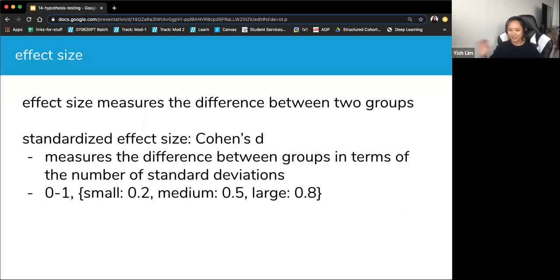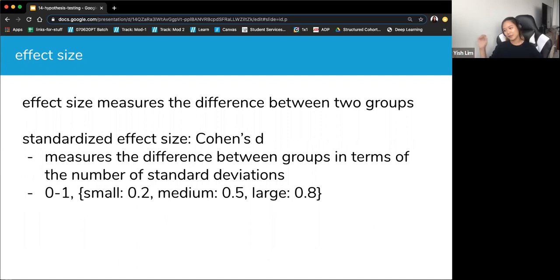All right, really quick, another detour, effect size. Effect size basically just measures the difference between two groups. Let's say you have a bunch of males and a bunch of females and you want to compare their heights. Effect size measures this difference, but not just as average height minus average height; it also takes into account population size and things like that.